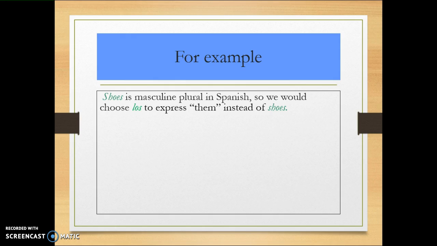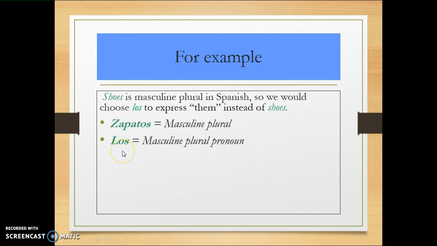So we would choose los to express them instead of shoes. Let's look at that in a sentence in a second. Zapatos, again, masculine plural. And los is a masculine plural pronoun. So see how zapatos is not singular, it's plural. So we have to pick a plural direct object pronoun. And see, this isn't zapatas, it's zapatos, so we need to pick los.